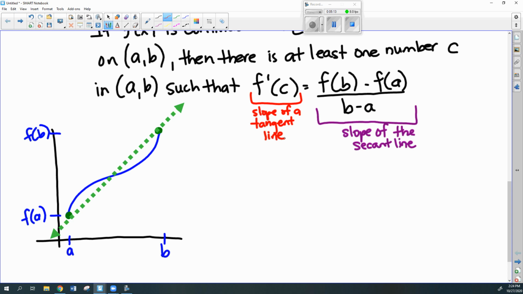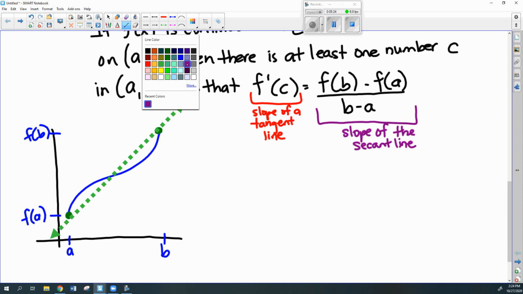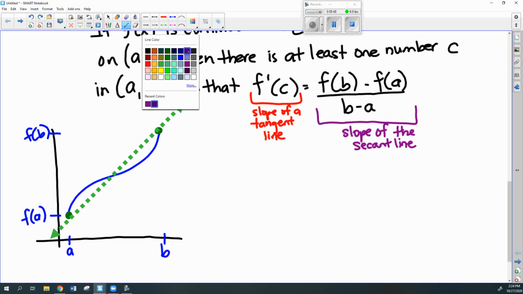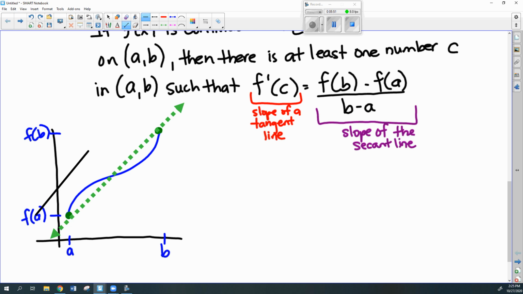So I want to know, can I draw another line that is in fact parallel to this one? So I'm just going to draw one. Let me do a solid one. I want it purple though.